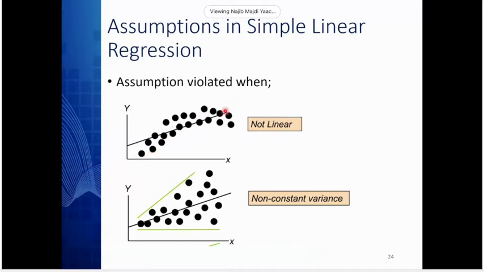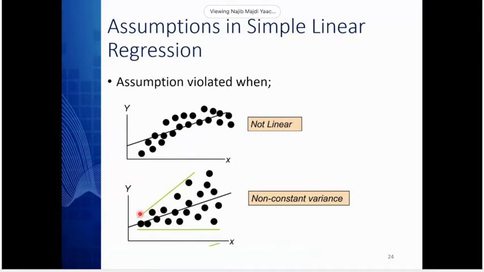This scatter plot suggests a non-linear relationship between x and y. Whereas if you have this kind of relationship in the scatter plot, it suggests that the data violate the assumption of constant variance.